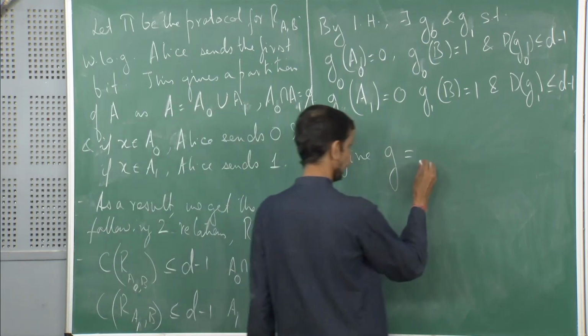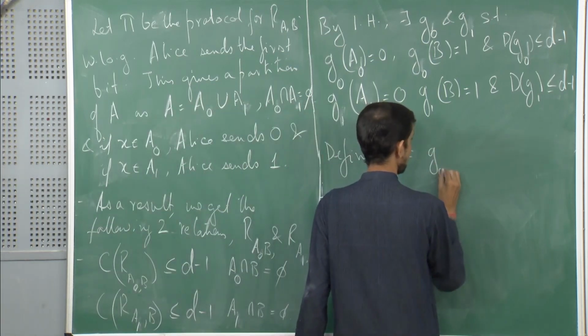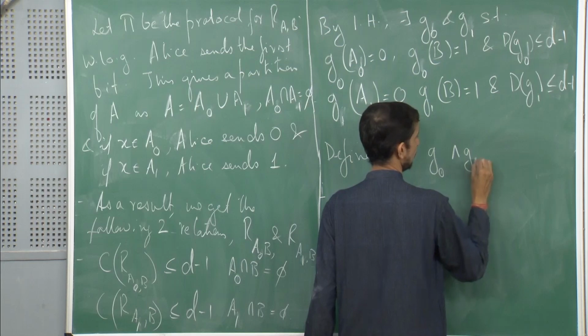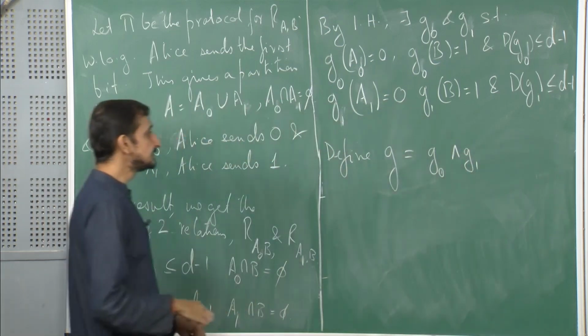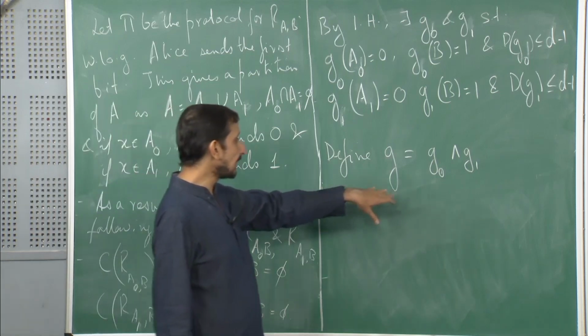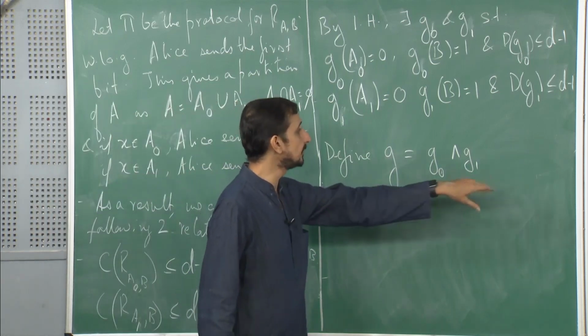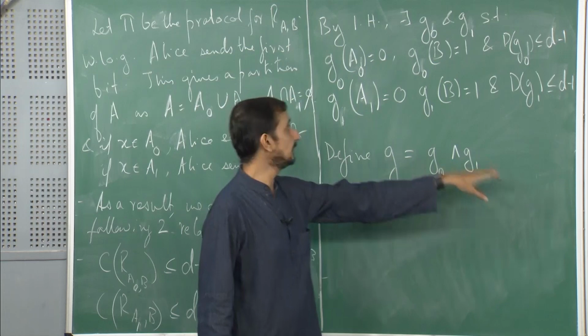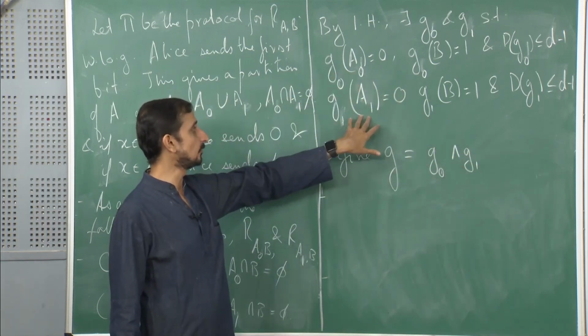Exactly. So, we define G to be AND of G0 and G1, because now any element in A must belong to either A0 or A1.